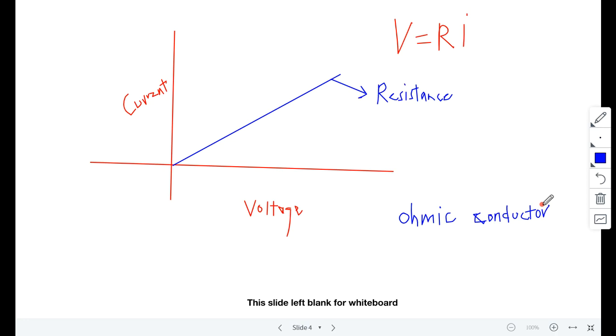That's why we use voltage. So this is an ohmic conductor graph.